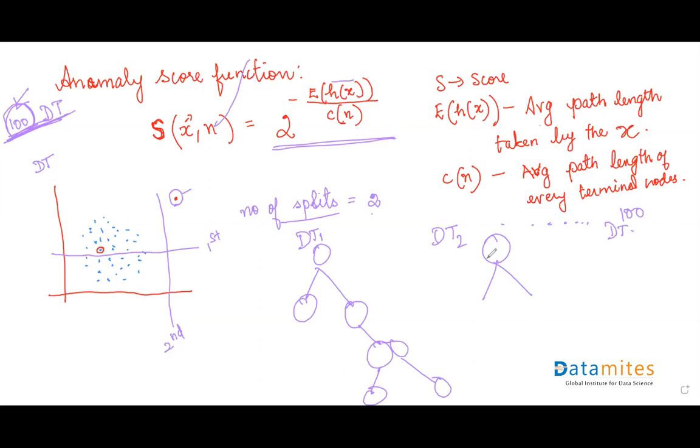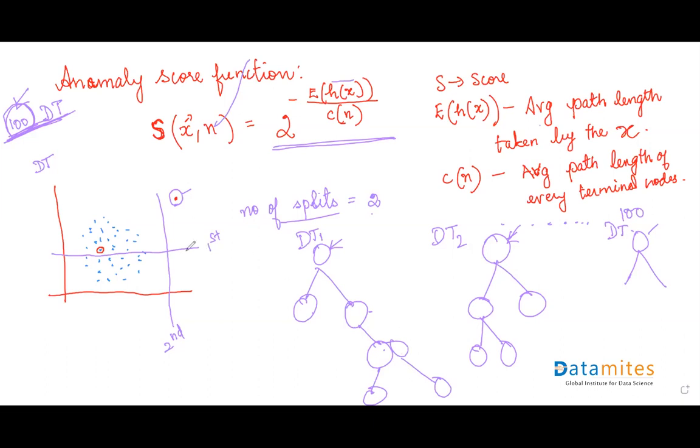Okay, so in each decision tree, it is going to isolate the data points. It is going to select the feature randomly. Here one feature will be selected, here it can take a different feature, and do the split. Like this it will take different features. At each node, while splitting, the values might change because everything here is done randomly.